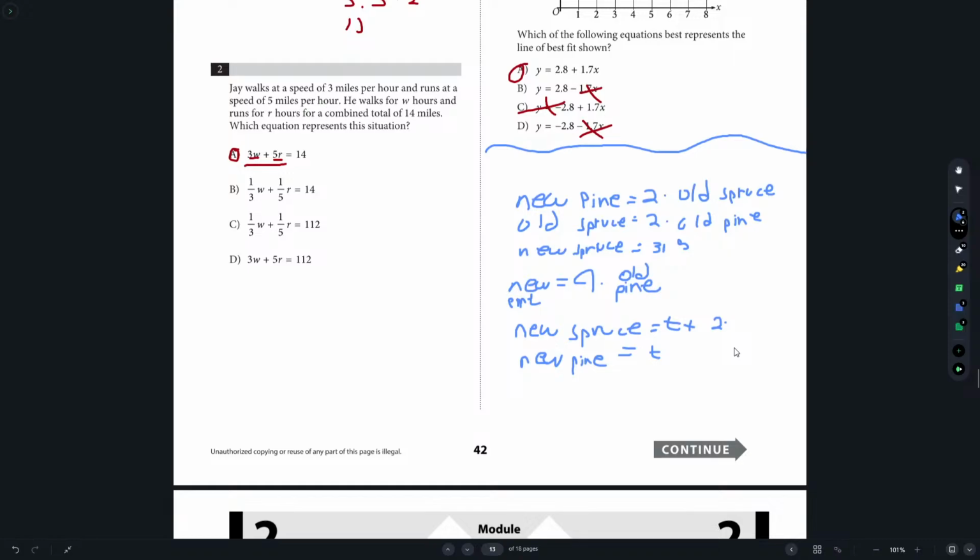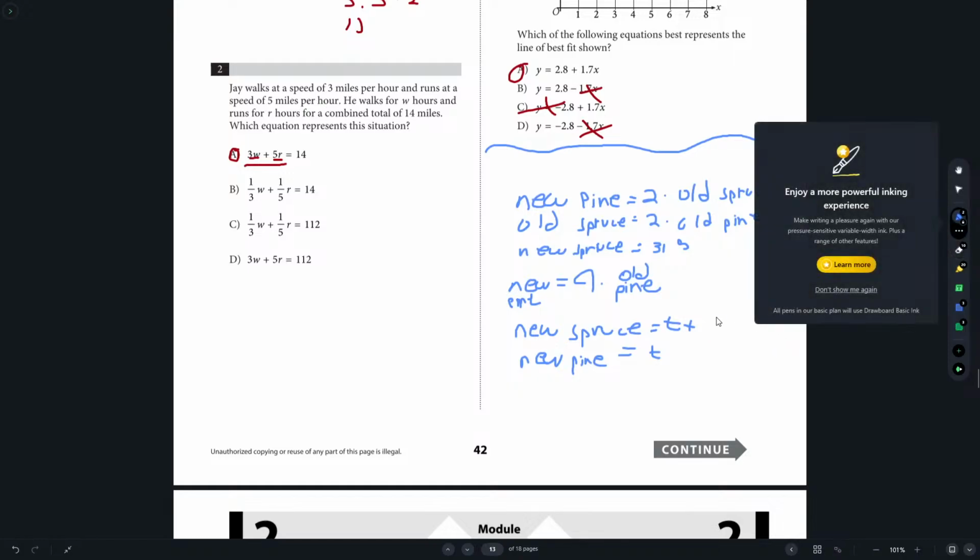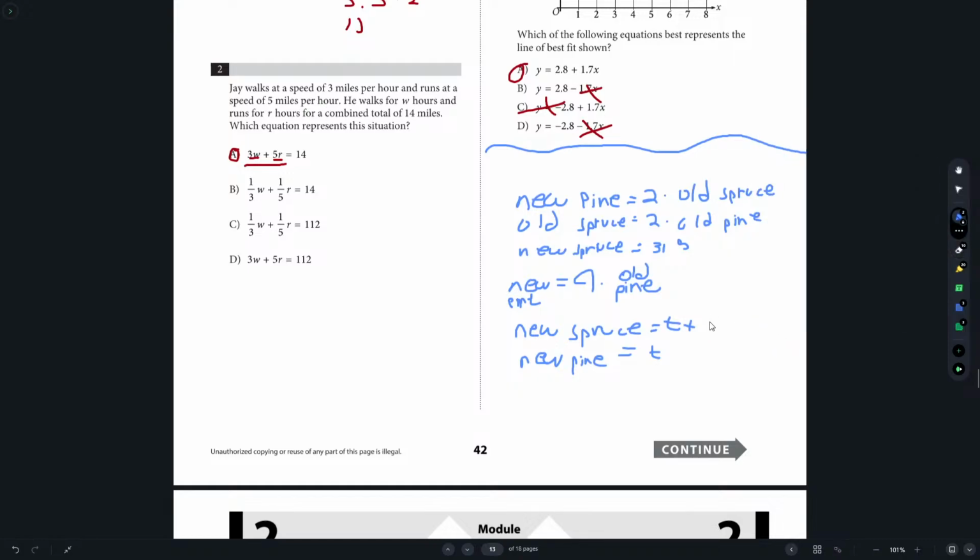Oh, it used to be half the size of the old spruce, and t time has passed since then. So the pine is now 2 times as old as the spruce when the spruce was 2 times as old as the pine. Let me rewrite this all now that I'm on a new line of thinking.